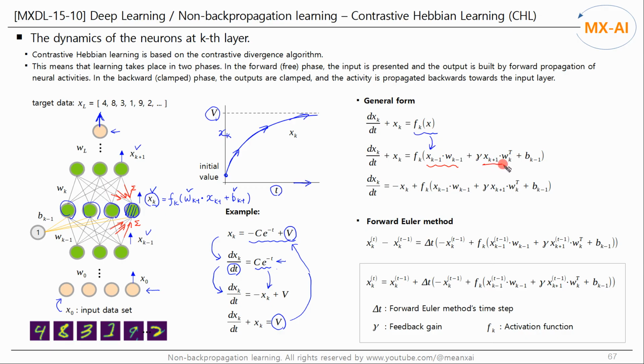This is the second term representing the feedback signal. Here, gamma is the feedback gain, which is a hyperparameter that controls how much the feedback signal affects the xk. Finally, a bias is added. In general, f is a sigmoid function. In this differential equation, as t repeats infinitely, xk will gradually converge to this activation value.